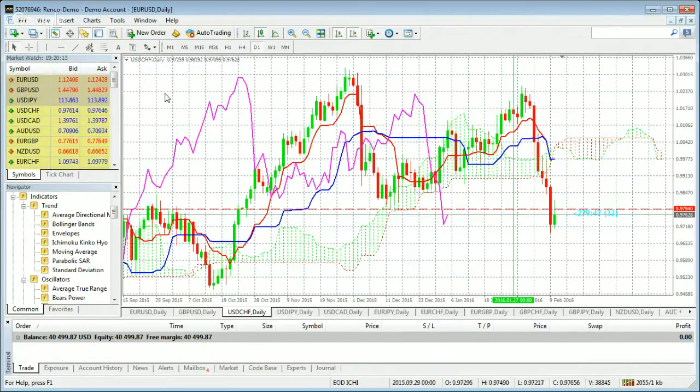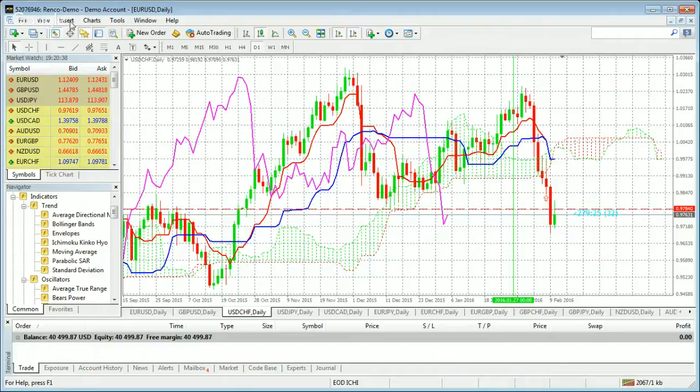Now, where was the signal given? The signal was confirmed by the Kumo break over there. In other words, we entered on the next candle. That's if you went for the Kumo break. But what other break could we have gone for? We could have gone for right over there.